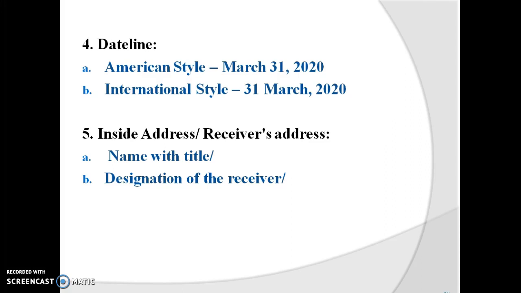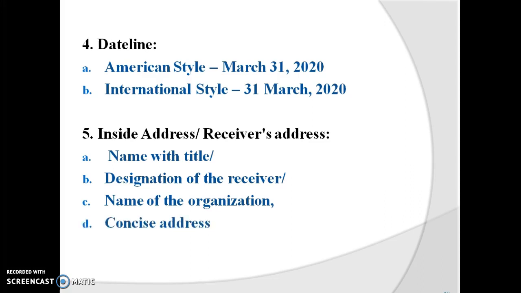All right, now the third thing is, if you don't know even the name and the designation of the receiver, then you can address your letter to the name of the organization along with a concise address in block format. When I say block format, that means we do not use any punctuation and the address is written in one line vertically. Okay, now this is the fifth element. Coming to the next element of a letter is an attention line. This is quite new to you.